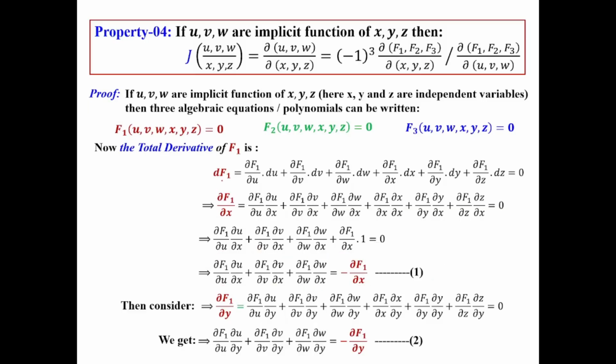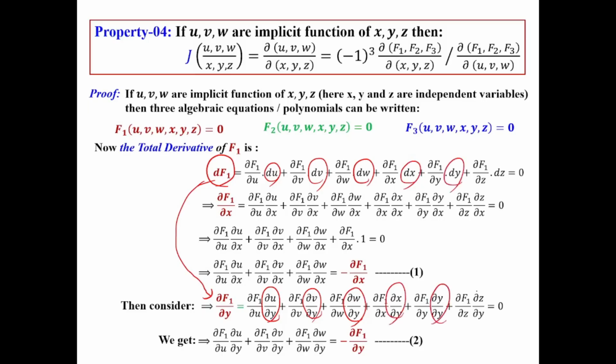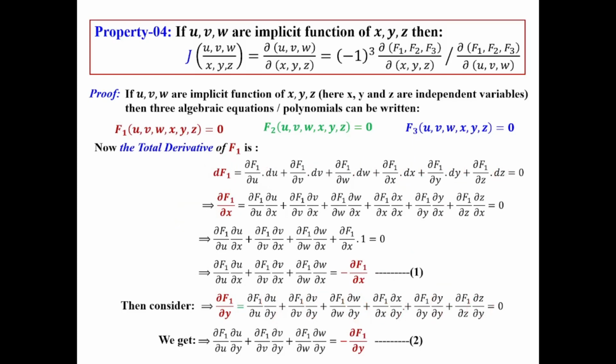Then consider ∂f1/∂y over here. That means this term will be ∂u/∂y, this one ∂v/∂y, this will be ∂w/∂y, here this one ∂x/∂y, here ∂y/∂y, and ∂z/∂y. Here ∂x/∂y will be cancelled out because this value will be 0, ∂z/∂y will be 0, but ∂y/∂y will be 1.